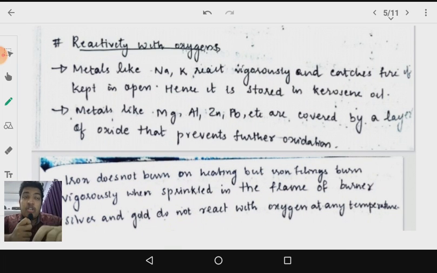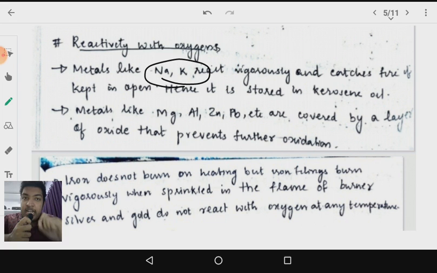Let us now talk about the reactivity with oxygen. We have studied the reactions with oxygen. So now let us see what is the reactivity order of different metals with oxygen. If I talk about the elements such as sodium and potassium, we can see that they vigorously react with oxygen. What is the meaning of vigorous reaction? If we are just keeping a piece of sodium or potassium in open air, then it catches fire easily.